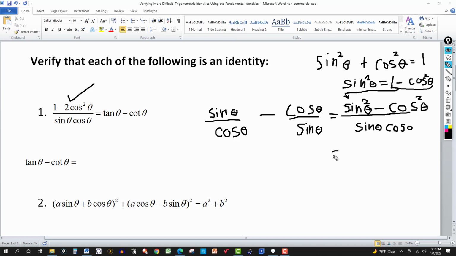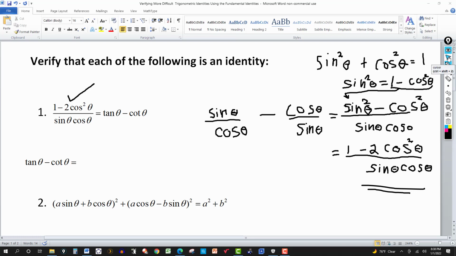So that's going to equal 1, and then minus cosine squared, that'll give me a minus 2 cosine squared theta, all over sine theta cosine theta. And that's the verification. Now this one will work either way.